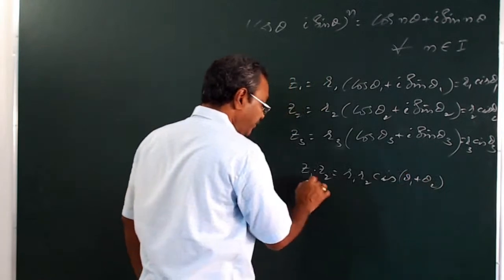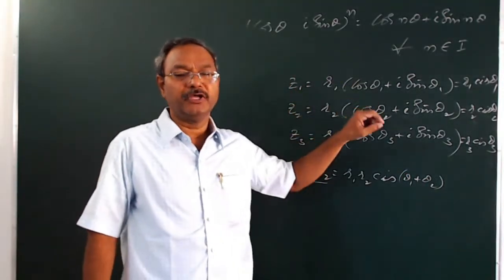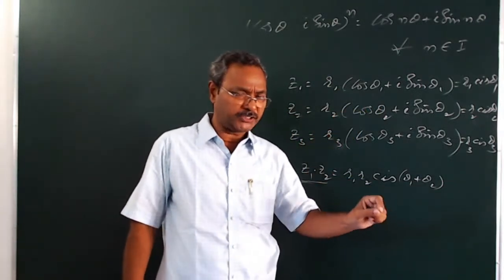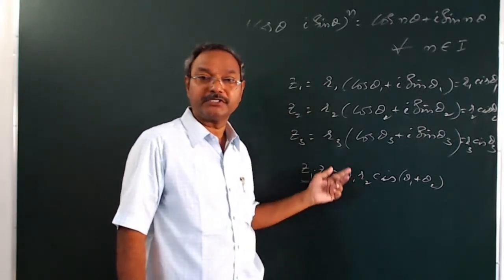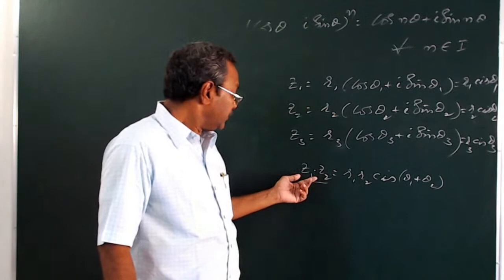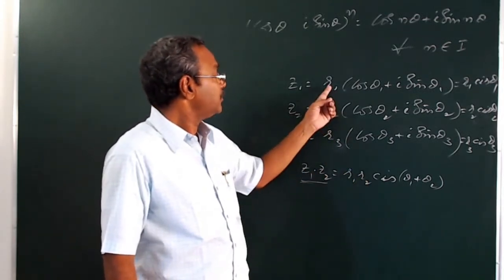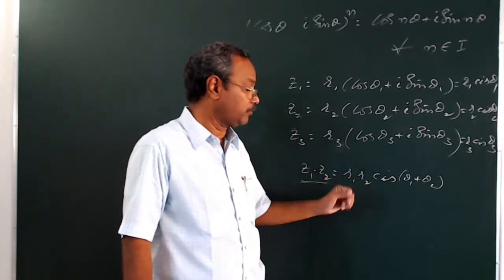When you are multiplying two complex numbers which are in the mod amplitude form, the product is so simple. The modulus of the product is the product of the moduli of the individual complex numbers. So, the modulus of the product Z1 Z2 is the product of the modulus of the first one and the modulus of the second one, which is R1 into R2.